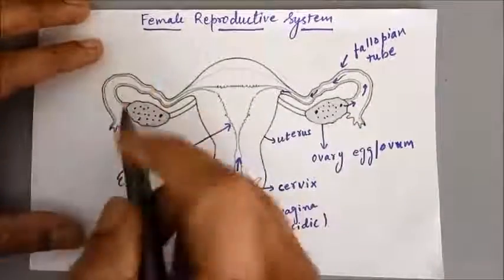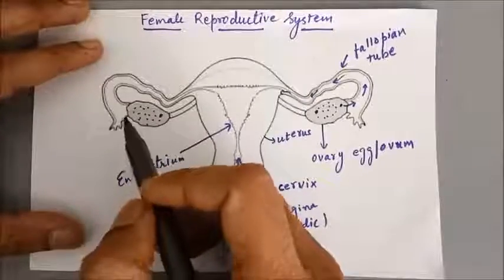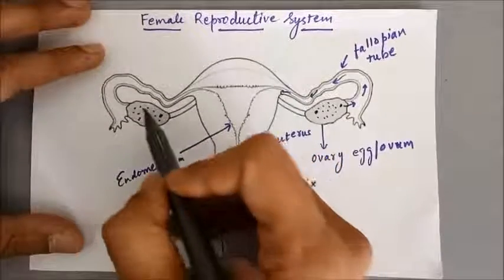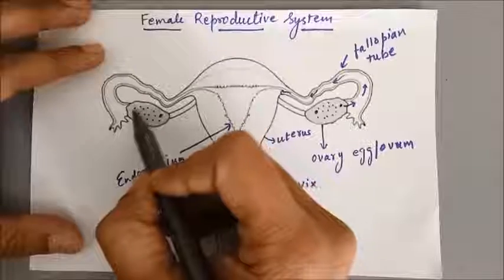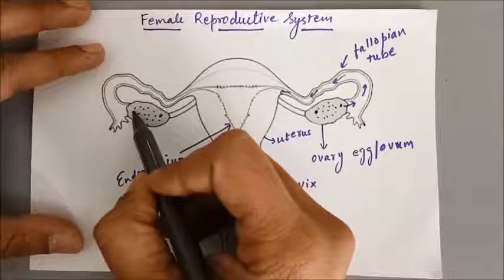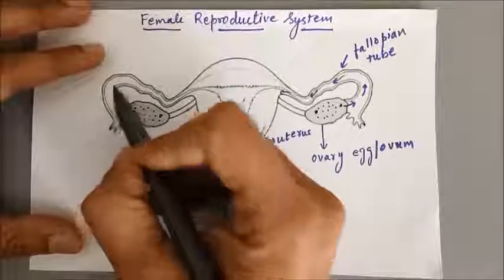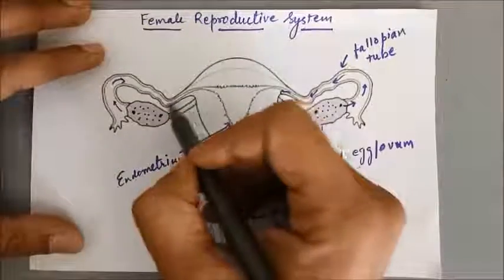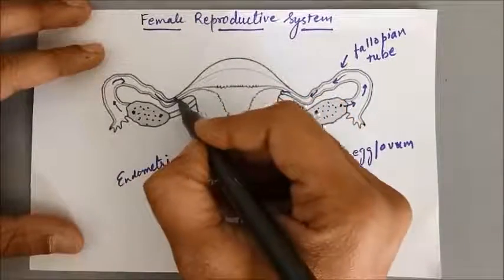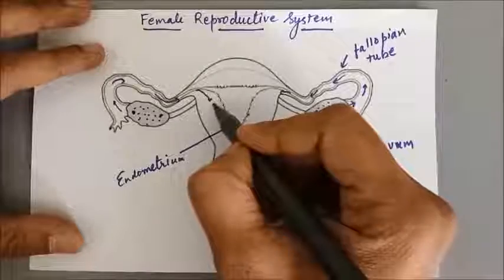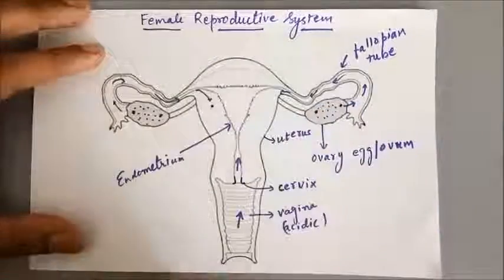Then in the same month, this ovary doesn't do anything. Then next month, this ovary is going to release the matured egg into the fallopian tube like this, and then that egg comes out and waits for a sperm to come over here.